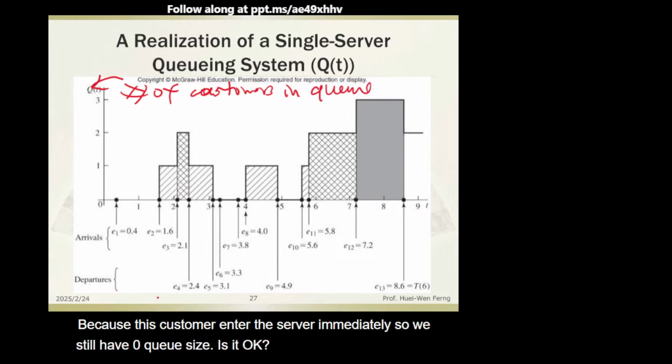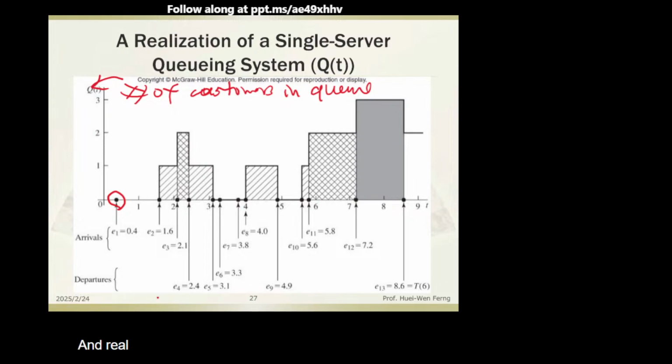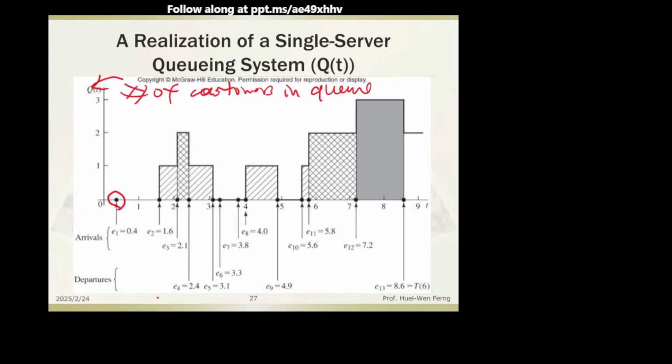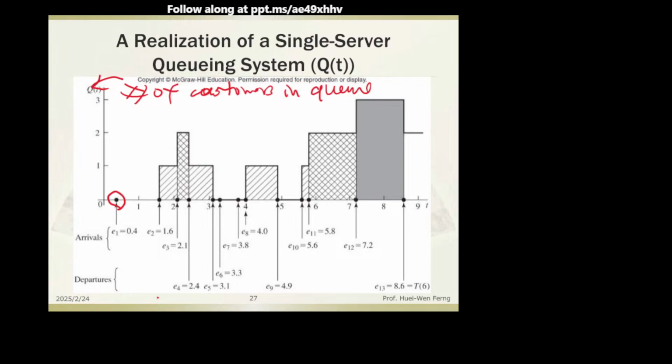And we assume a departure for this one here, 2.4. So at the next arrival, you can see one waiting in queue. Likewise, this one waiting in queue. However, this one, the service time of the first arrival is done, so we remove the first customer, and so the queue reduces. So up to now, check the event.